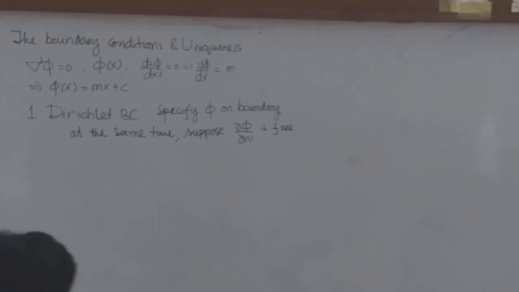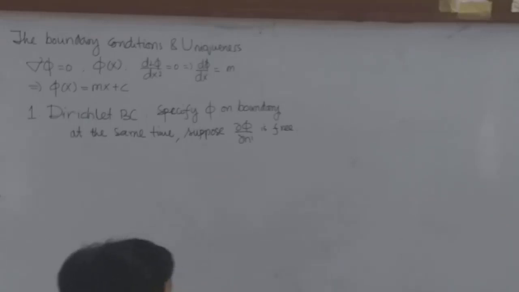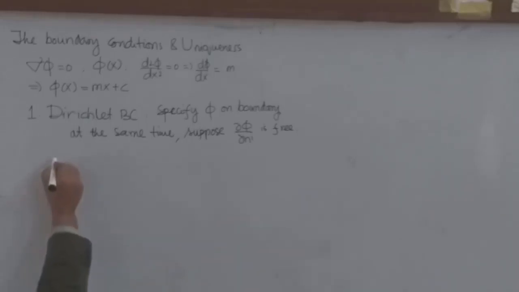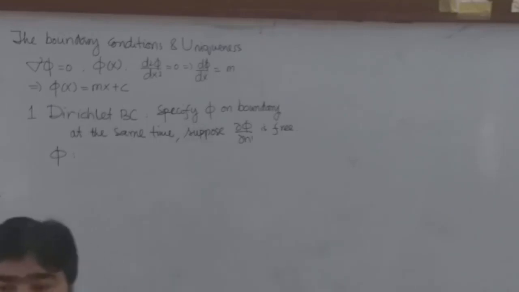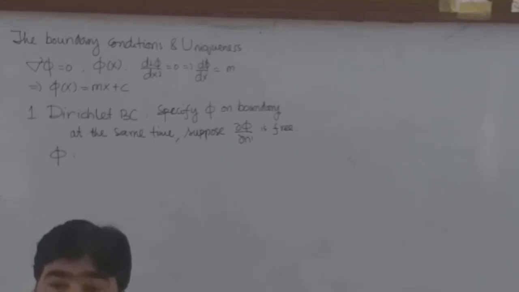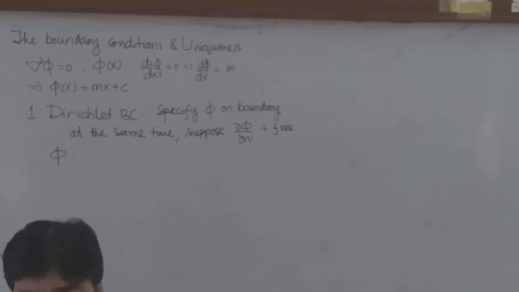Now, let's say that when we solve for phi, we claim that the solution is unique. How can we prove this? Let's assume that there are two solutions.